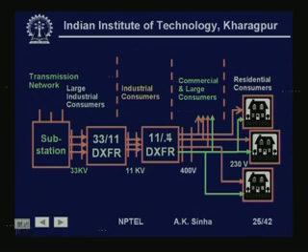Then from 11 kV to 415 volt, we have another transformation by means of a distribution transformer, and this in general is supplied as 3-phase 415 volt to commercial establishments, maybe large consumers, whereas it goes as single phase at 230 or 240 volts to various residences.